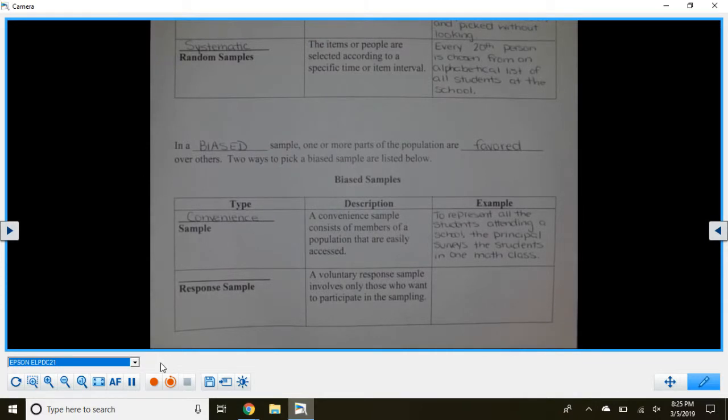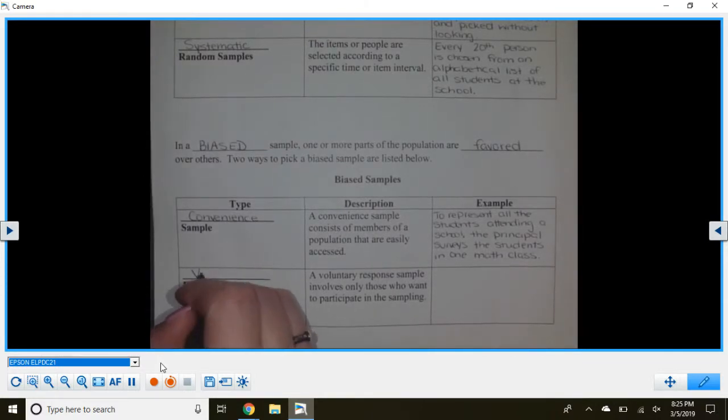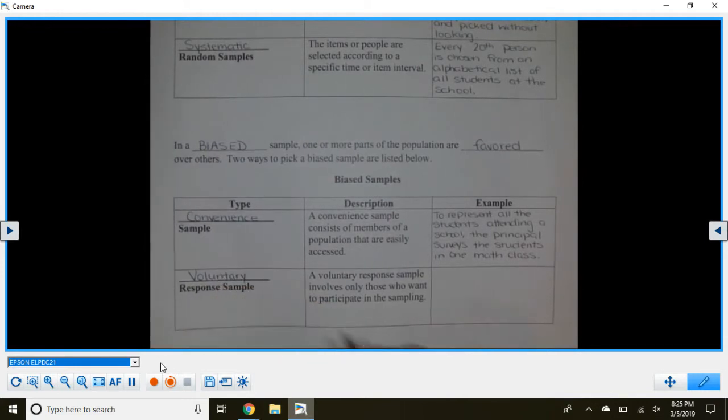The second type of biased sample is called a voluntary response sample. A voluntary response sample is described as a sample involving only those who want to participate in the sampling.